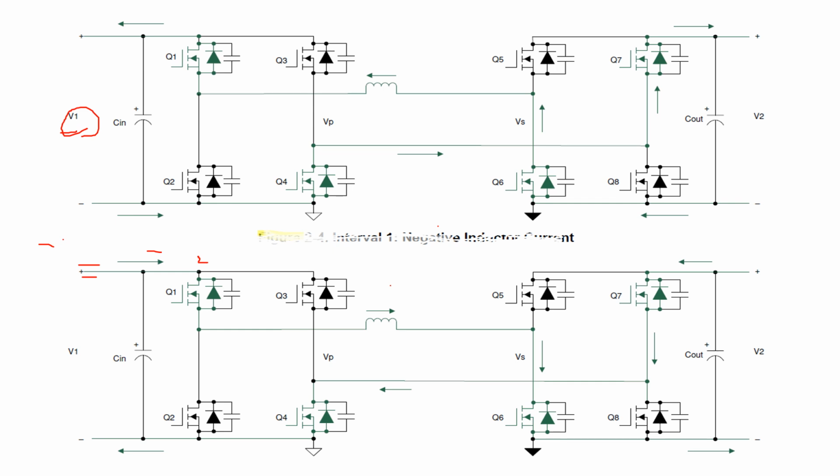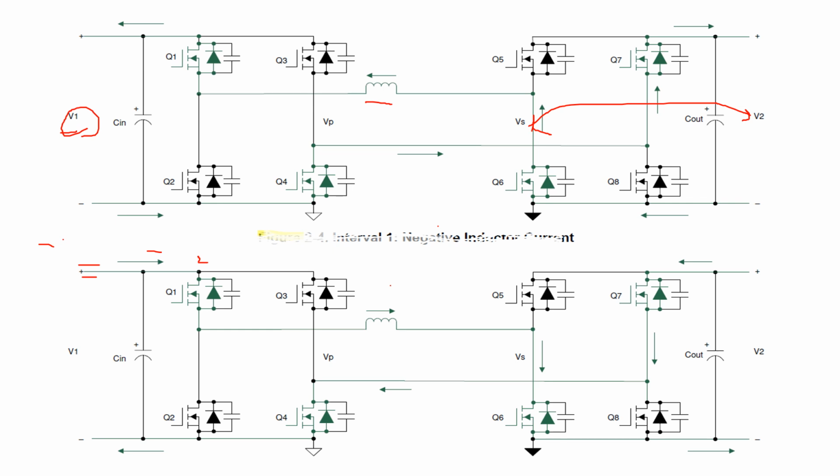So this one is equal to this one. That's the secondary voltage, equal to the V2 voltage here. So the difference of this voltage, which is negative V1 minus V2, appears across the inductor here. Hence the current ramps down with a negative slope.